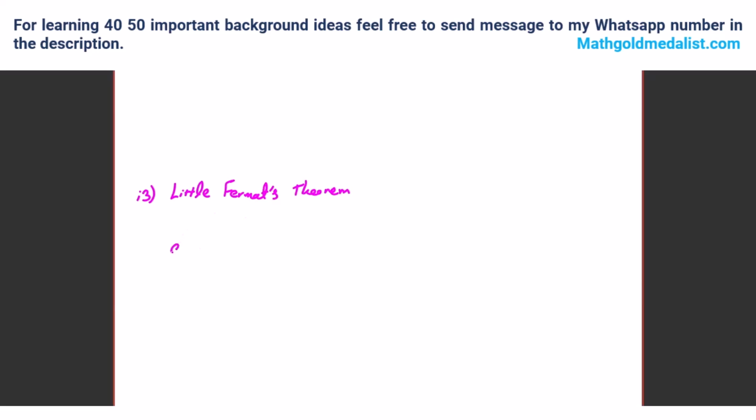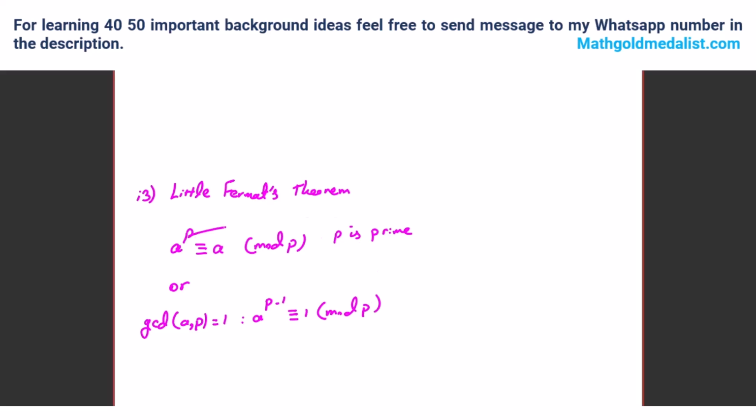You can say a to the p is congruent to a mod p, where p is prime. Or one equivalent explanation is this: if GCD of a and p is 1, then a to the p minus 1 is 1 mod p. And you can prove both these statements are equivalent.